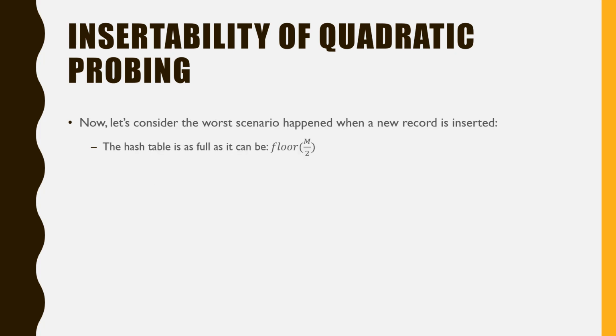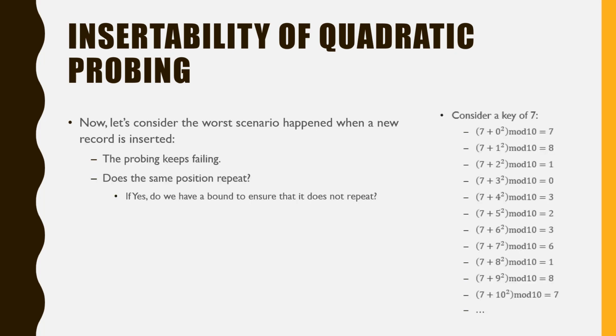Now, let's consider the worst-case scenario. First, in the worst-case scenario, the hash table is as full as we allow it to be. In other words, it contains floor of M over 2 records. Second, in the worst-case scenario, the probing keeps failing. In this case, we're interested in discussing whether different probings keep resulting in the same location.